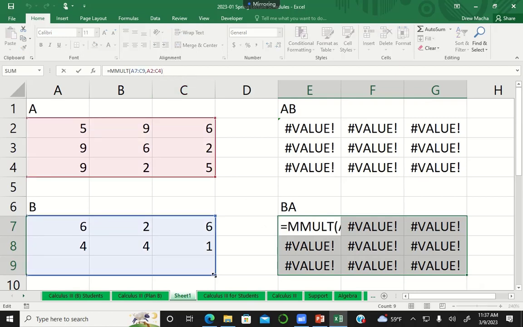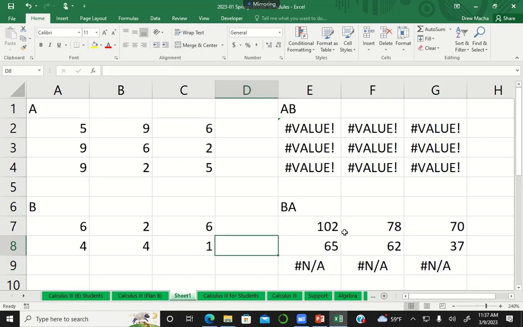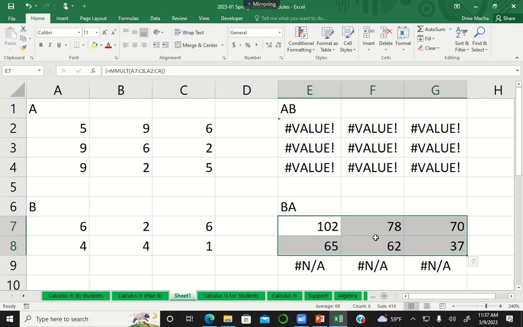I just probably need to adjust my formula. Yeah, there we go. So if I did B times A, now this is 2 rows and 3 columns times 3 rows and 3 columns. And so the 3 columns and the 3 rows works for B times A. And the product matrix should have 2 rows and 3 columns. And that's what we get, 2 rows and 3 columns, right? Okay.